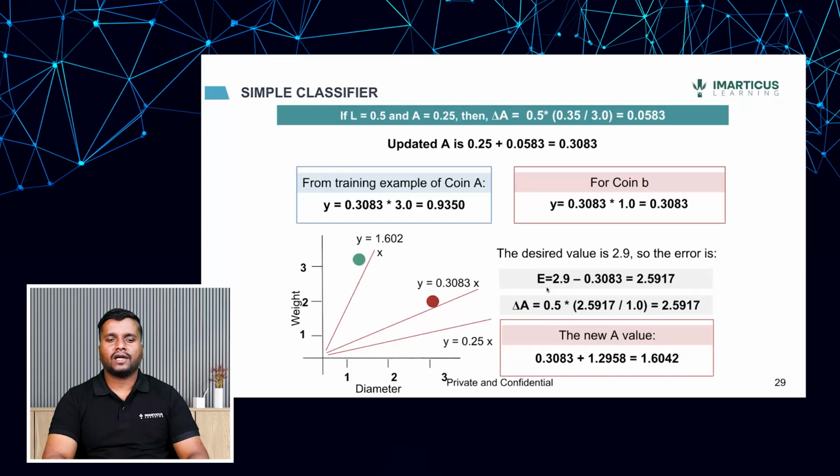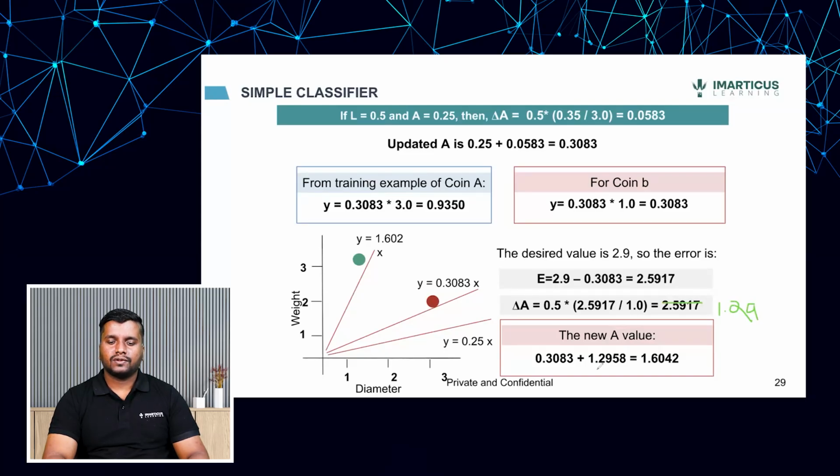So in both cases, for A and for B, we are multiplying with the learning factor 0.5, and now the delta A value is 2.59. And if you see the new value of A, it is 0.3083 plus 1.29. So basically here there is a mistake. We need to get the value as 1.29.